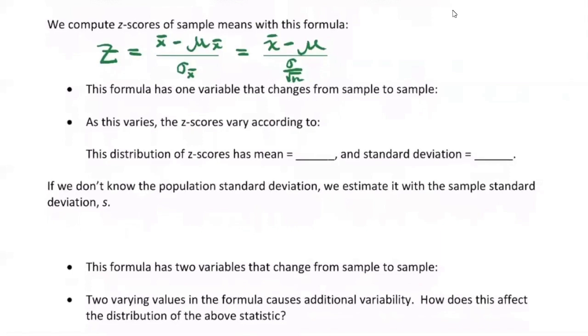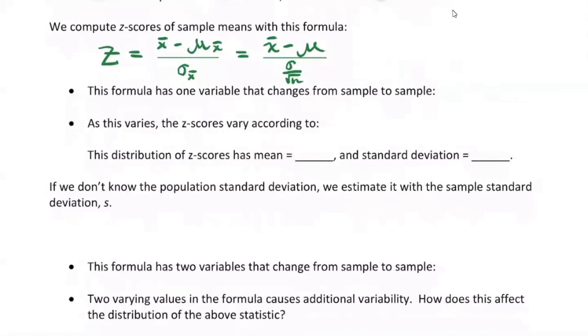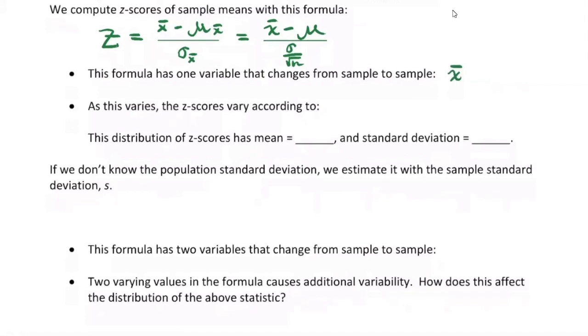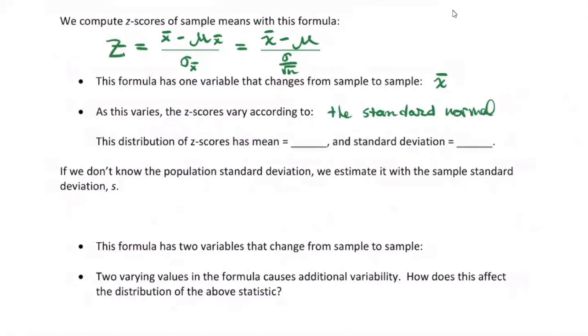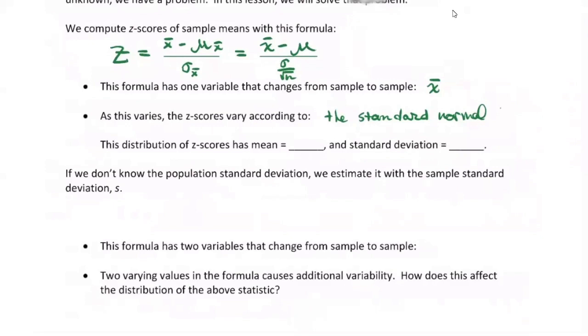This formula has one variable that changes from sample to sample, and that's the sample mean. X bar is the only thing that changes when you change your sample, given a sample size. As this varies, the z-score varies according to the standard normal distribution, which we've drawn many times.